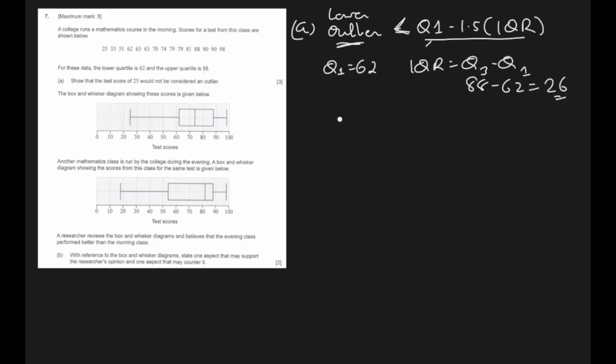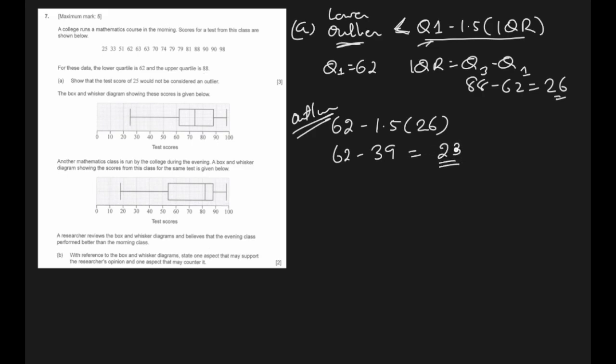So let's test. Where is 25? So Q1 is 62 minus 1.5 times 26, for outlier, this is the calculation. So 62 minus 39, which is 23.